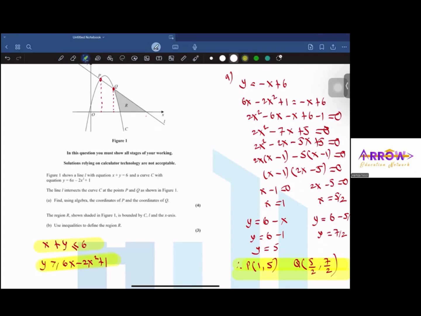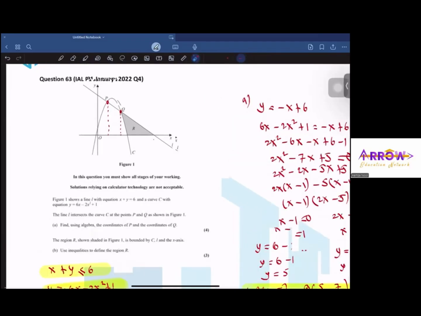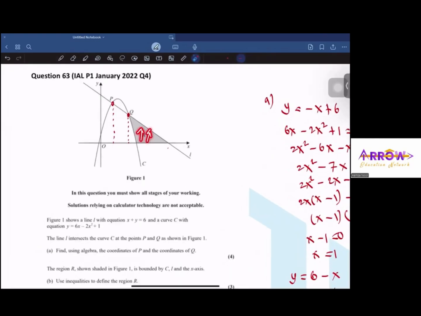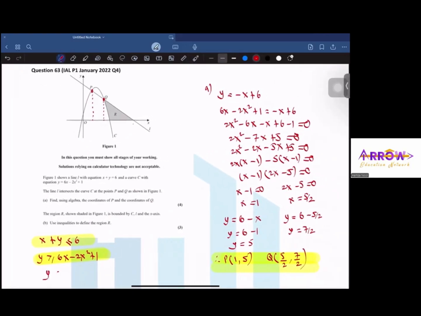First we have two inequalities. And since the region R is above the x-axis, this means y is greater than or equal to 0. So first we have these three inequalities.